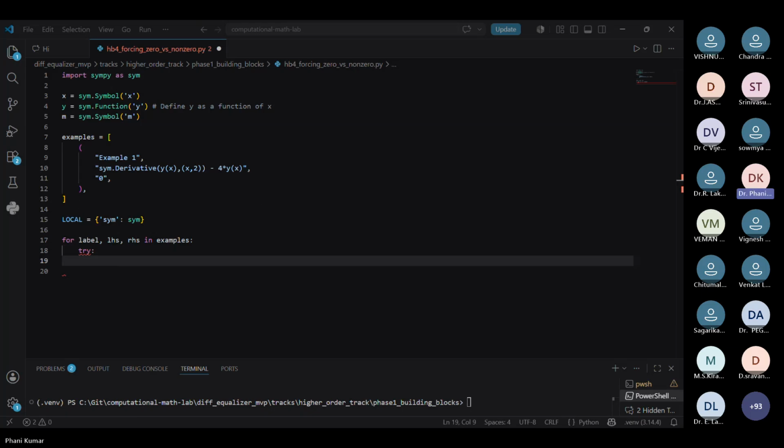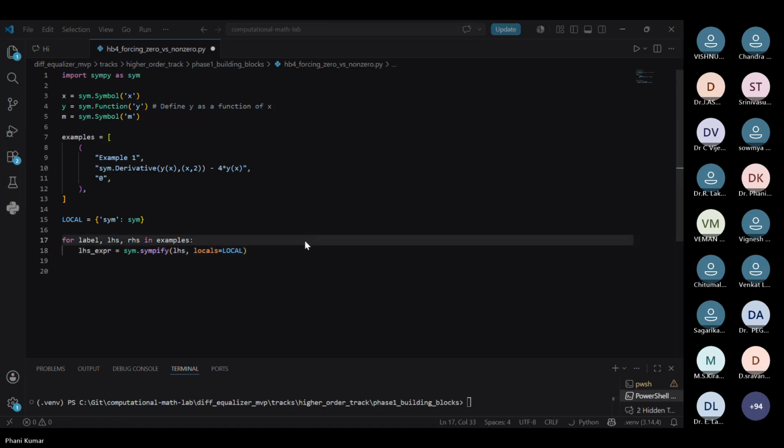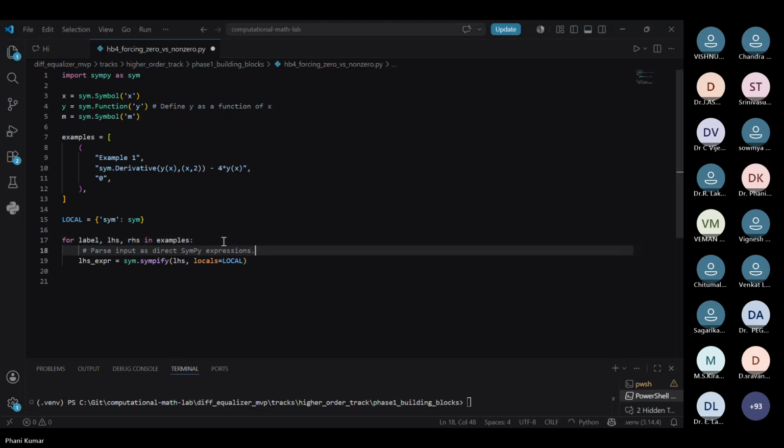So for the differential equation, first we are going to take the LHS and RHS, because it totally depends upon the LHS and RHS of the differential equation. Right. So here we are using a for loop. In that for loop, I am taking the labels LHS and RHS. What is LHS?